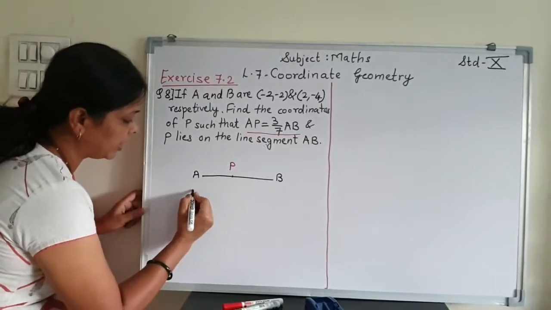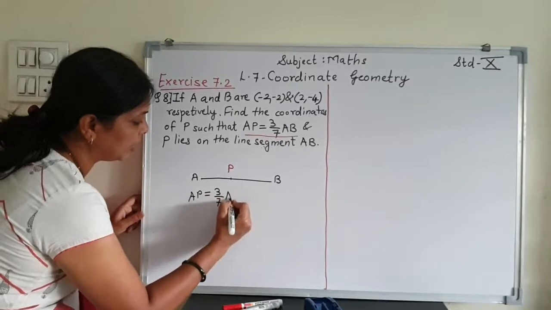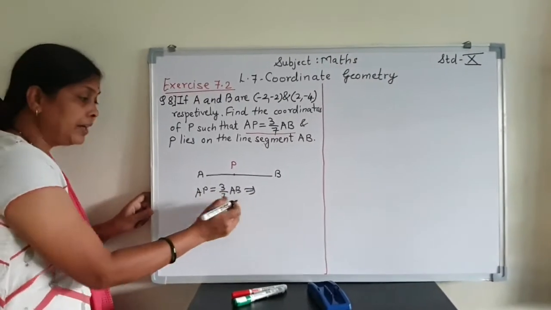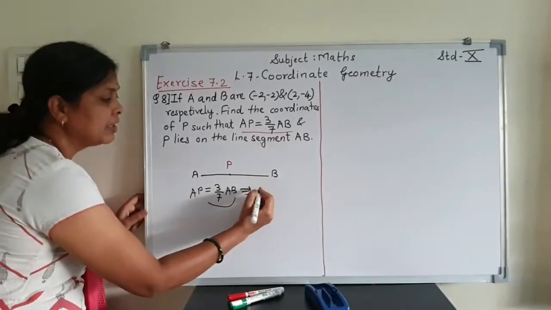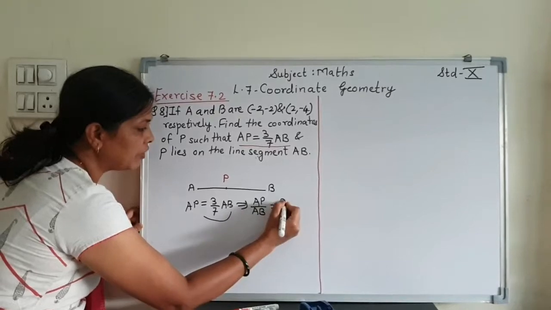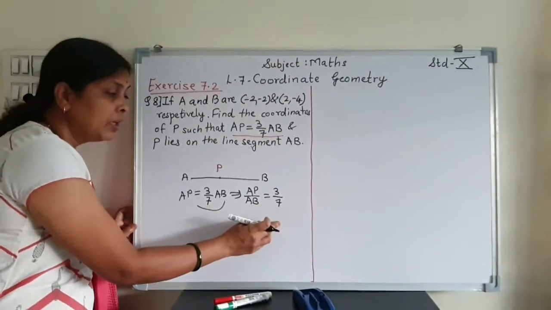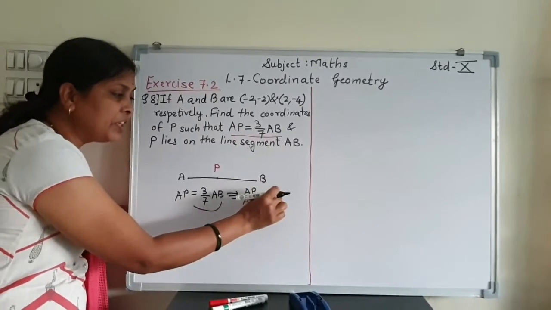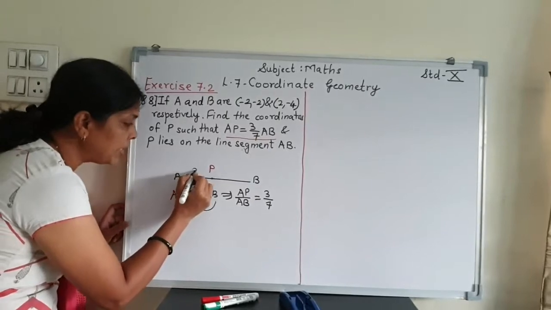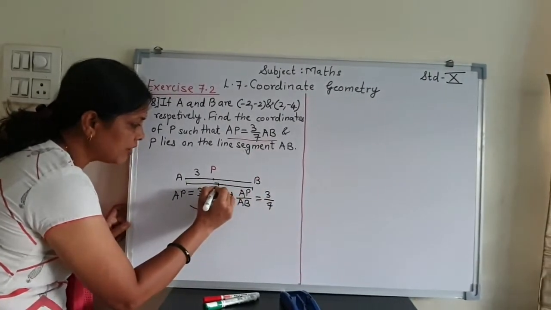So if you take AP is equal to 3/7 AB, then if you bring this AB to the LHS, it will be AP upon AB is equal to 3/7. Now from this we get that if AP is 3, AB will be 7. So if AP is 3, this whole AB will be 7.